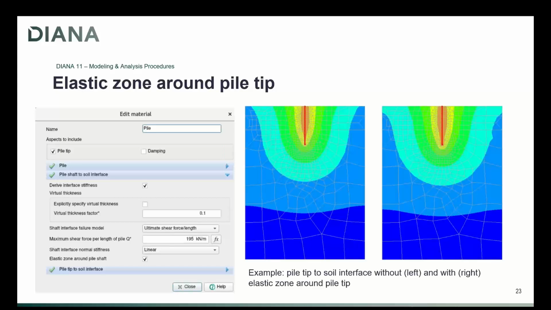Then, even though the pile is modeled with a beam element, it acts more like a volume pile, and the interaction happens through more nodes. Now, if we compare the left to the right picture, we see the deformation around the pile tip is much smoother than when we don't do it.